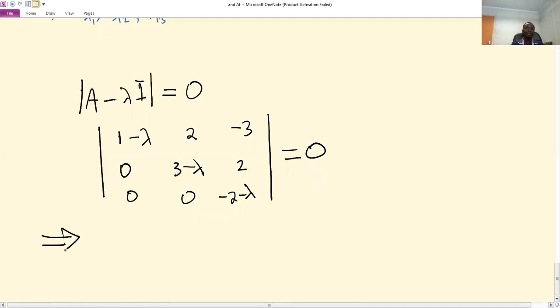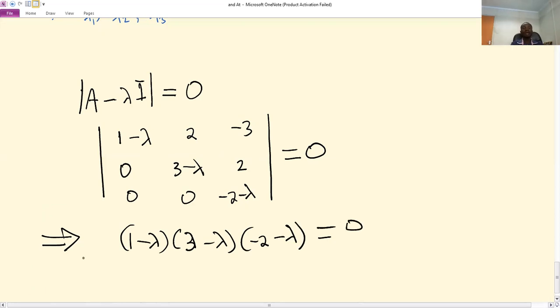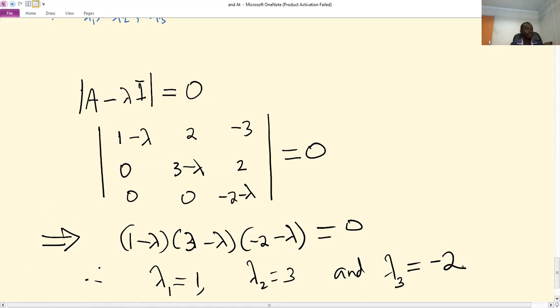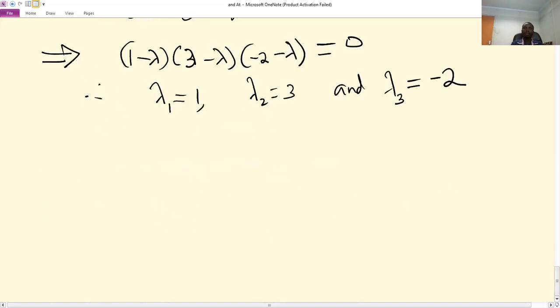So 1 minus lambda times 3 minus lambda times minus 2 minus lambda defines the determinant. That's why I'm getting lambda 1 to be 1, lambda 2 to be 3, and lambda 3 to be minus 2. For any triangular matrix, you shouldn't struggle to get the eigenvalues. Just pick the elements along the main diagonal.